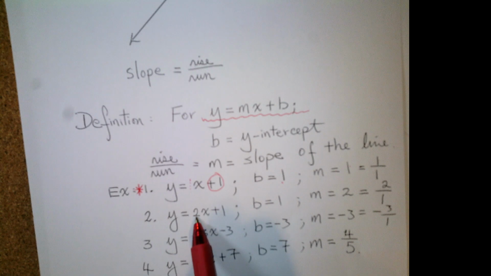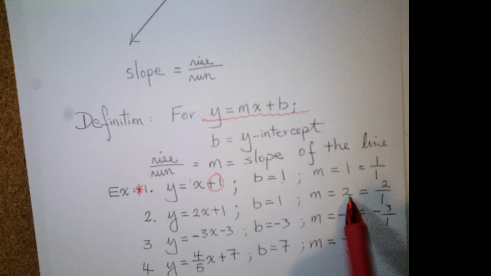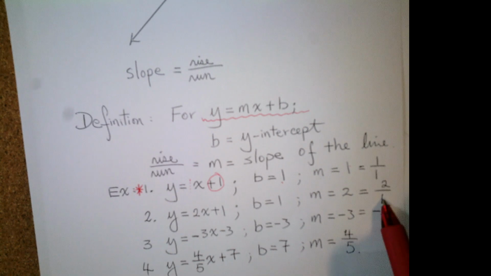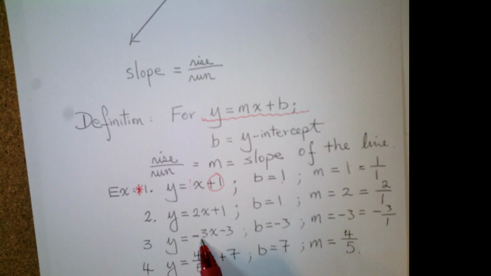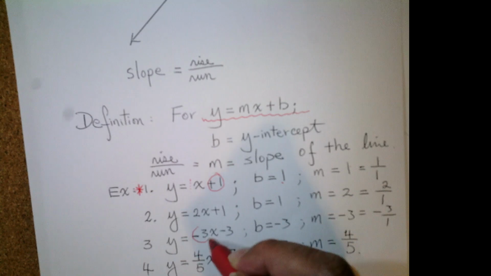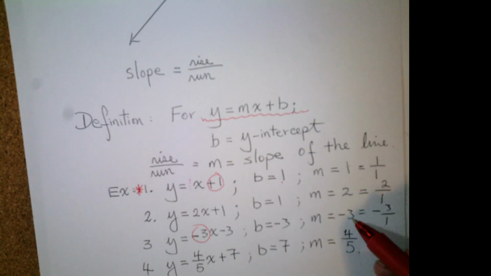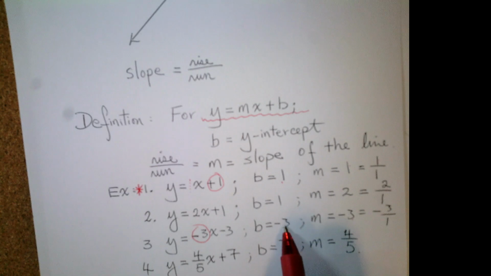The number in front of x is the slope. M is the slope. Rise over the run. 2 over 1 is 2. This one: minus 3 is the slope. The y-intercept is minus 3.